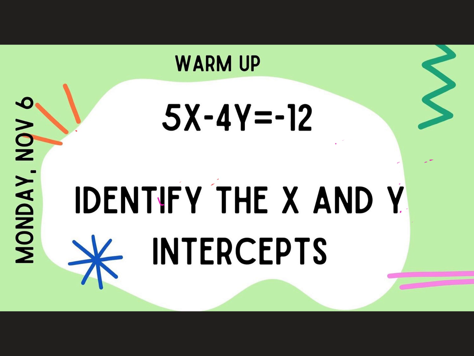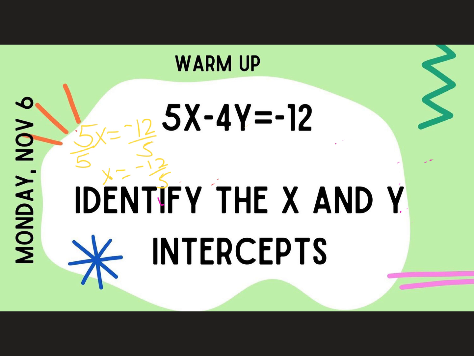So what you can simply do is to cover it up. Just cover it up. Use a piece of paper, hand, scratch it out with your pencil. So now I'm left with 5x equals negative 12. Now you can solve for your x-intercept. Same thing, divide by 5. I have x equals negative 12 over 5.